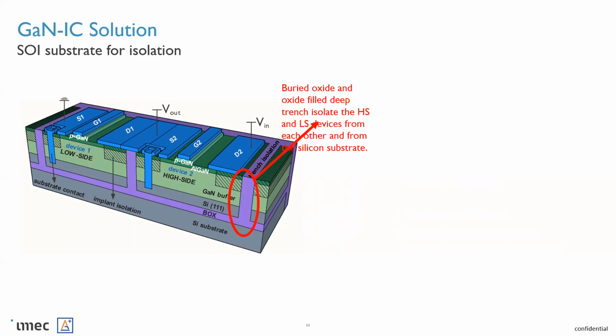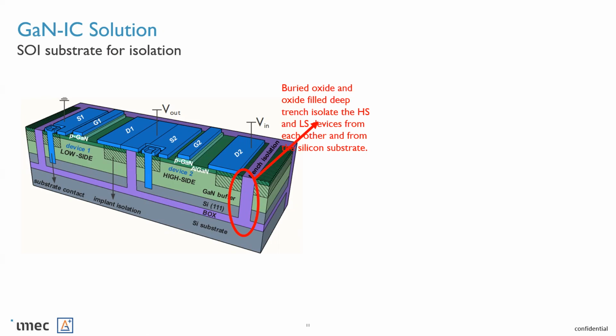You see here that the low side and the high side switch are integrated in an SOI substrate where both sources have a dedicated substrate, connected to the silicon 111 substrate and isolated by this trench isolation. So basically, in two different pockets, both switches have their own substrate. Therefore it is possible to have the source and substrate at the same voltage, no matter if the substrate of the high side switch is floating.